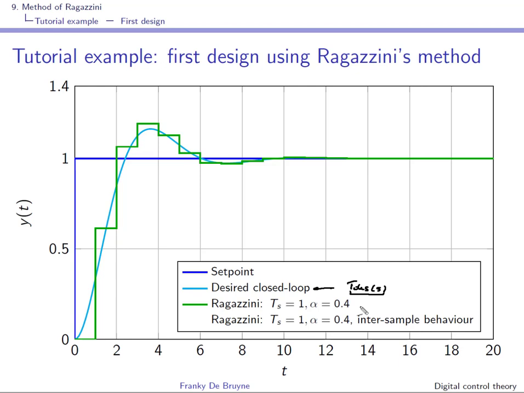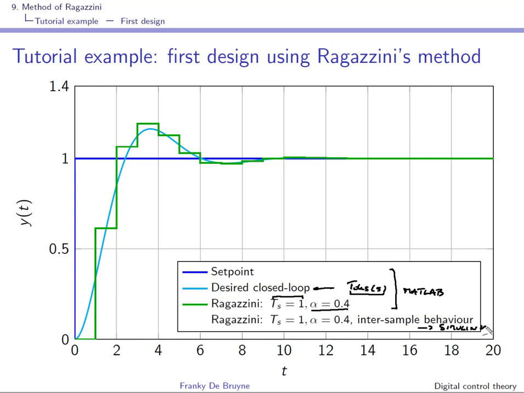So the closed loop step response with Ts equal to 1 and alpha equal to 0.4. This is what you can see in Matlab. If you want to see the intersample behavior, you should use Simulink.